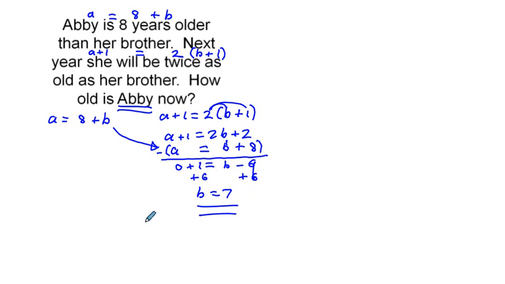So we know how old her brother is, but we want to go back and find how old Abby is, so we can place this 7 back into this original first equation. So we have A is equal to 8 plus 7. So Abby is going to be 8 plus 7, or 15 years old.